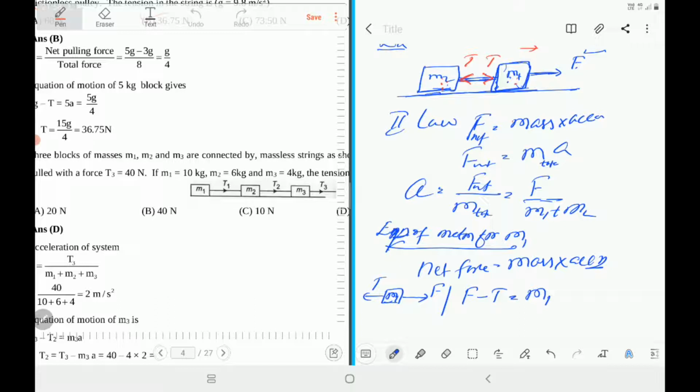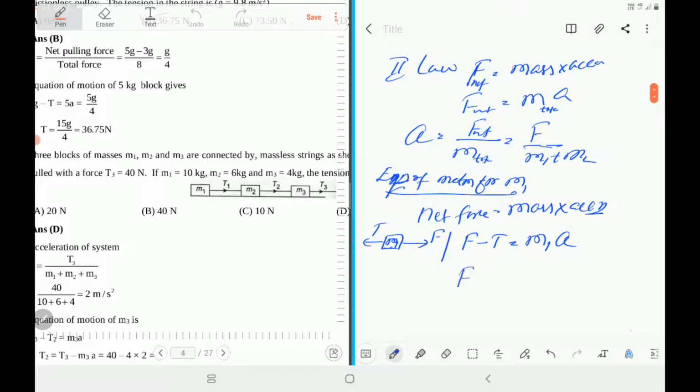M1, because you are considering M1 alone. And acceleration A. So net force F minus T equals, what is A? For acceleration, put in F divided by M1 plus M2. This way you can find F, if F is unknown. If F is given, you can solve for tension T.